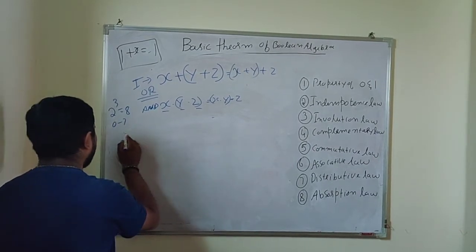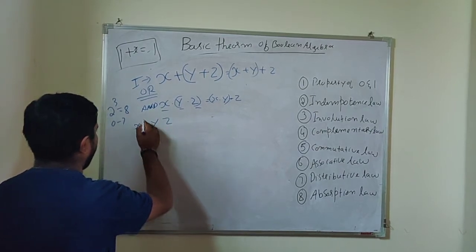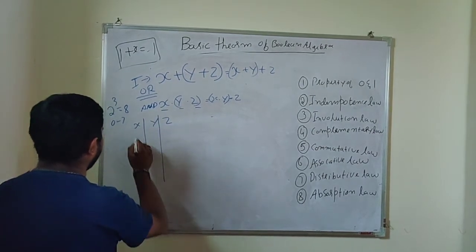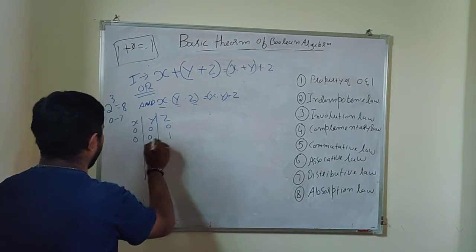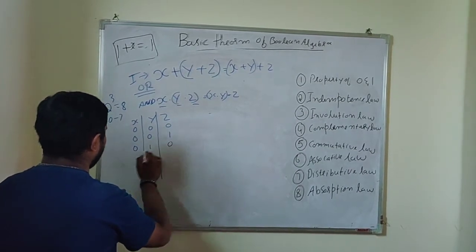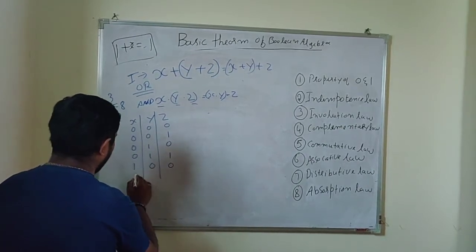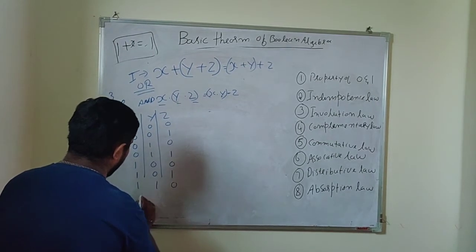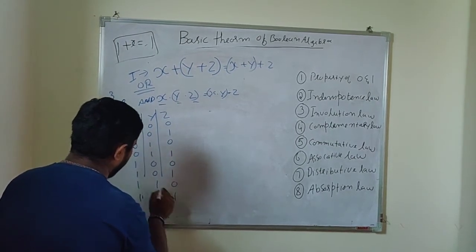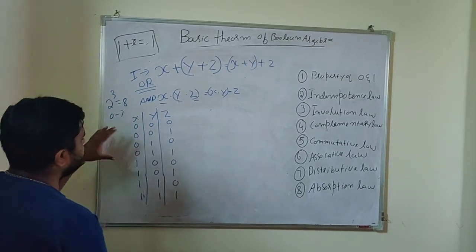For x, y and z: 0 0 0, 0 0 1, 0 1 0, 0 1 1, 1 0 0, 1 0 1, 1 1 0, 1 1 1.